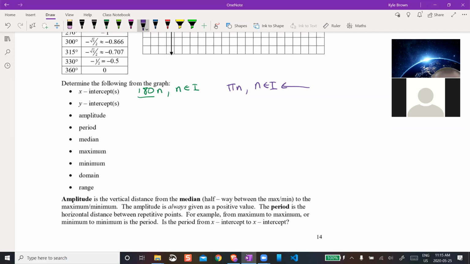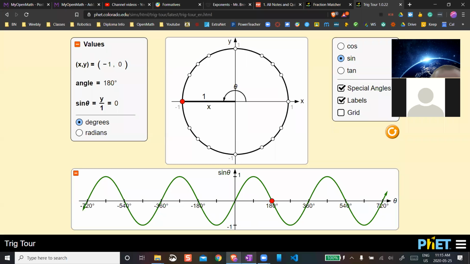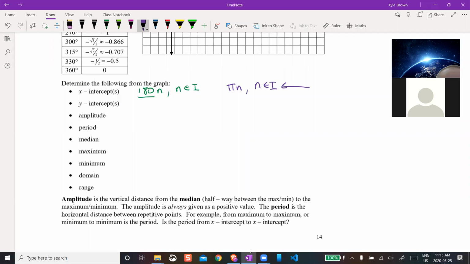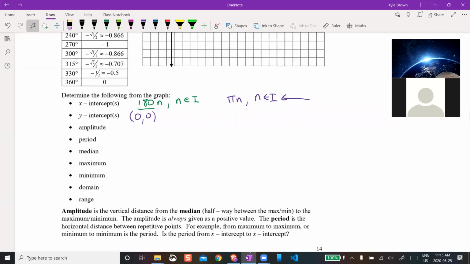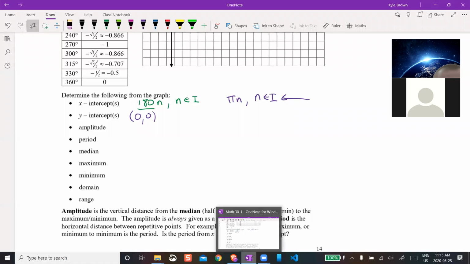Okay, y-intercepts, so where does that happen? Your y-intercept for a sine graph is going to happen at the point 0, 0. Okay, now amplitude. If you guys have been in physics, then this should come in handy because we've used some of these terms before.